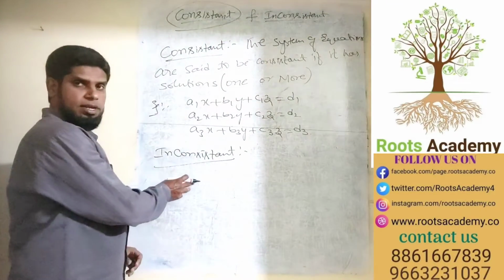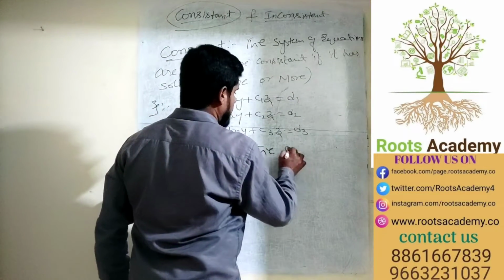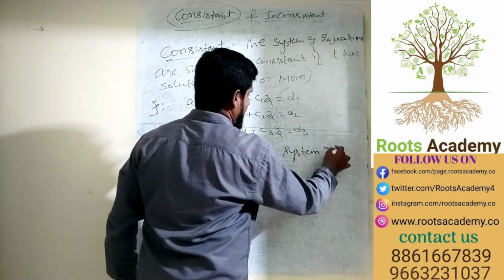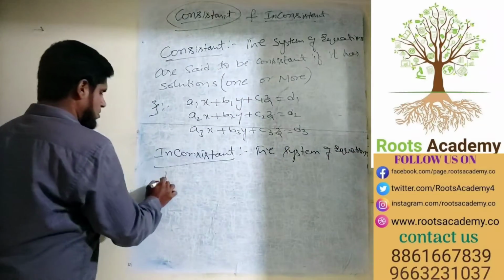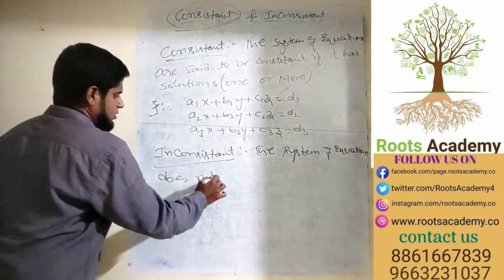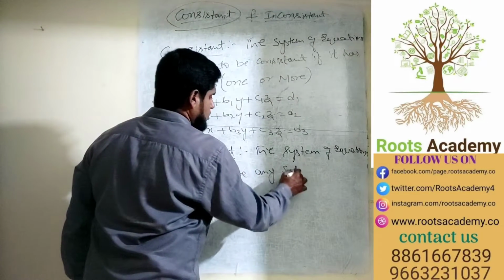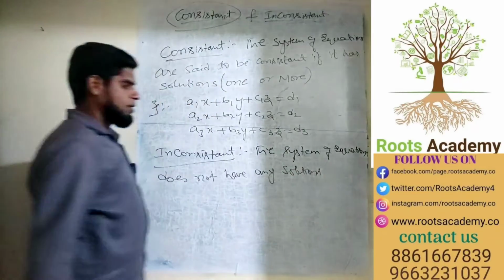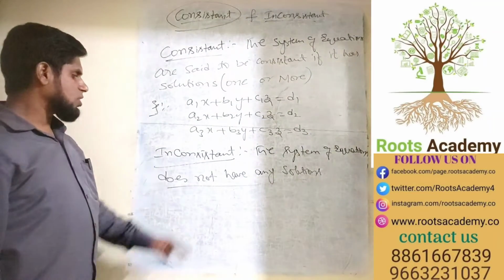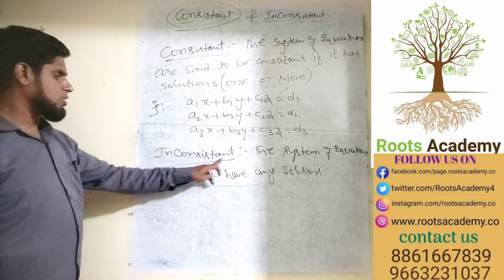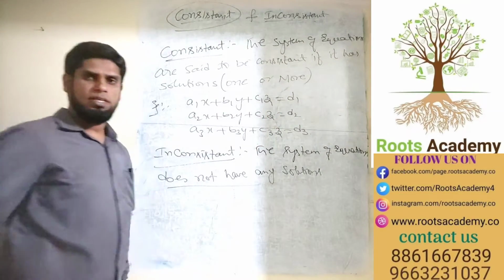Now in this case, in inconsistent, if the system of equations does not have any solutions, then the equations are called inconsistent. And obviously the equations look like this.